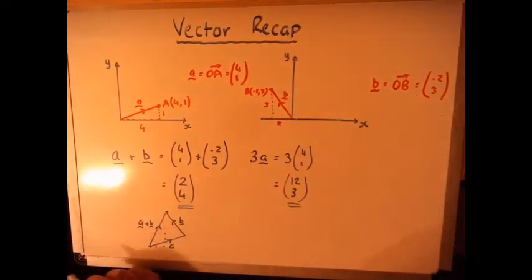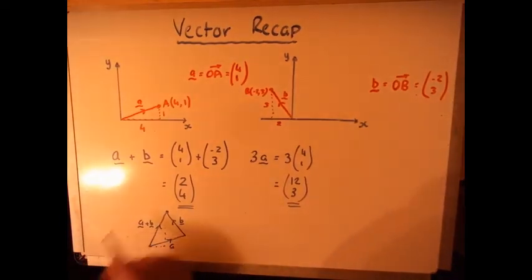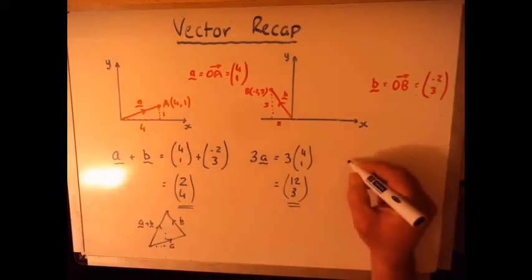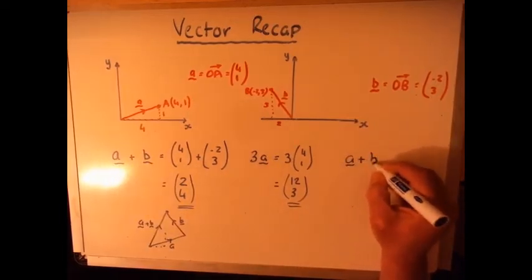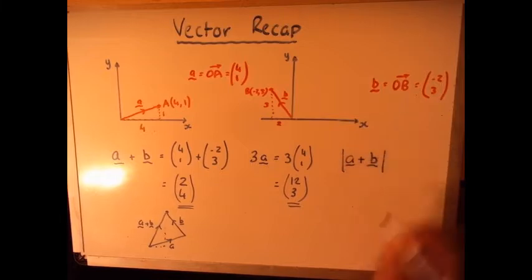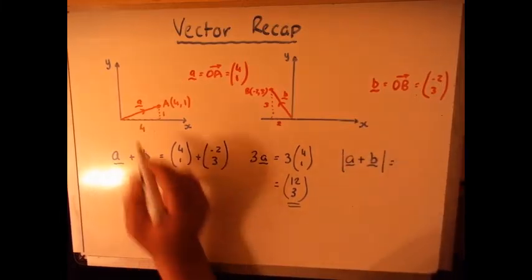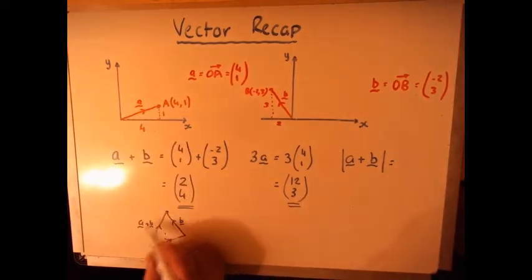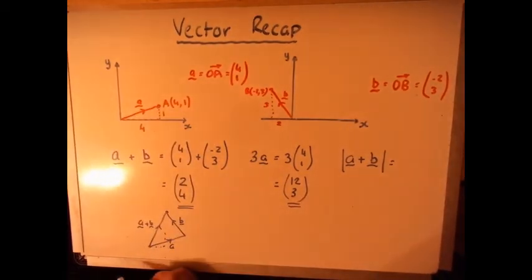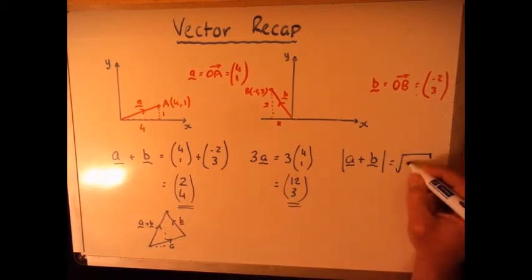And then the last thing you should be able to do is find the magnitude of a vector. So we found vector a + b here. Our notation for magnitude is just 2 vertical lines either side of that. That basically means we're about to find the length of this new vector a + b. If it's got the components (2, 4), we know we can use a bit of Pythagoras.